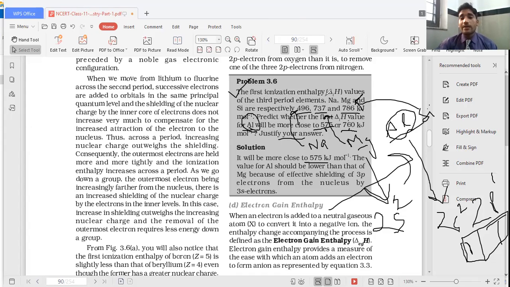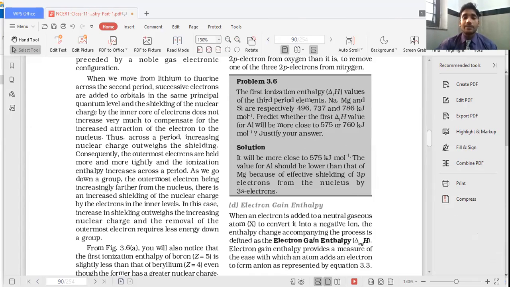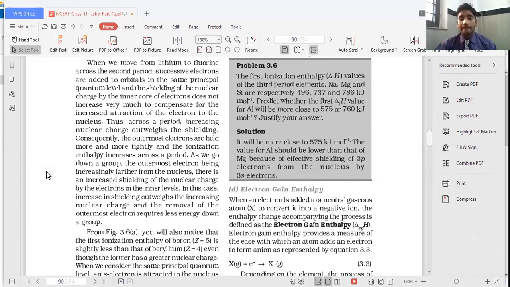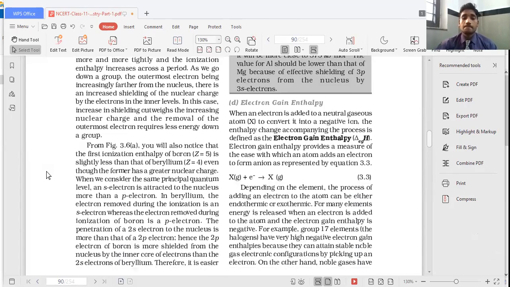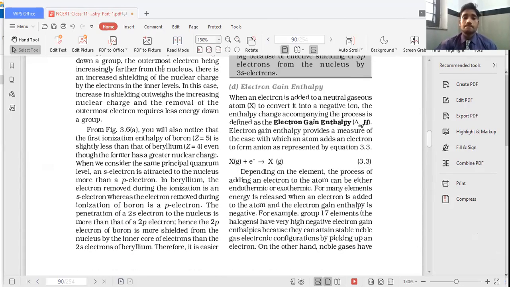Now the next thing what we have to discuss is electron gain enthalpy. Let's see what is electron gain enthalpy. When an electron is added to the neutral gaseous atom to convert it into a negative ion, the enthalpy change accompanying the process is defined as electron gain enthalpy, right?